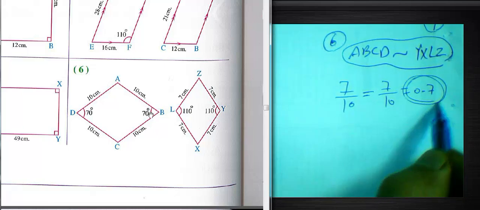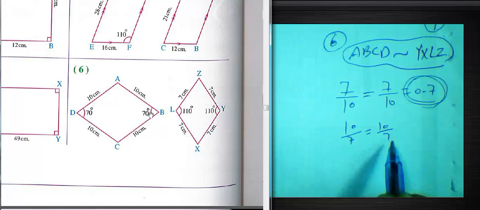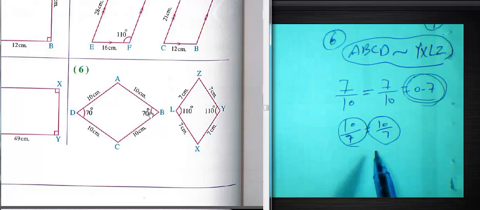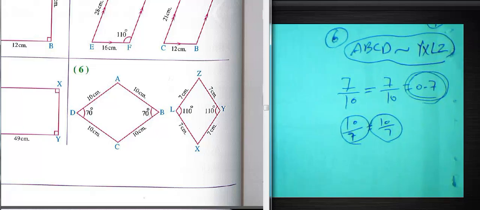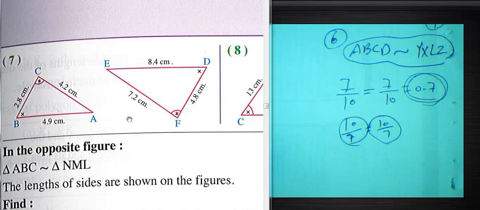We have constant, or if you write 10 over 7, we will have the constant between each two sides. Okay, another question. Look at question number 7. We have two triangles.